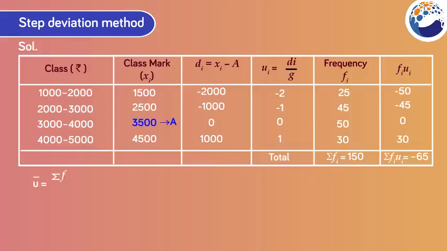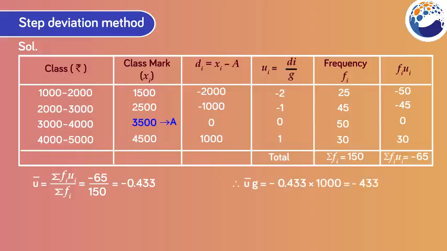Now we find the mean of ui, that is u bar, which is equal to summation fiui upon summation fi, is equal to minus 65 upon 150, that is equal to minus 0.433. Now u bar into g is equal to minus 0.433 into 1000, which is equal to minus 433.